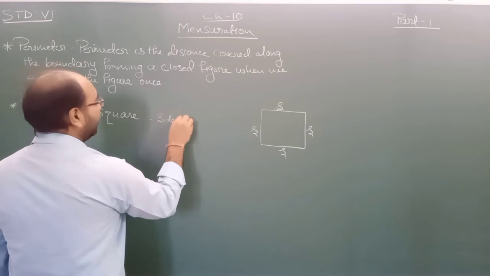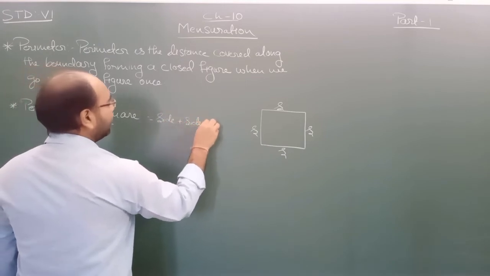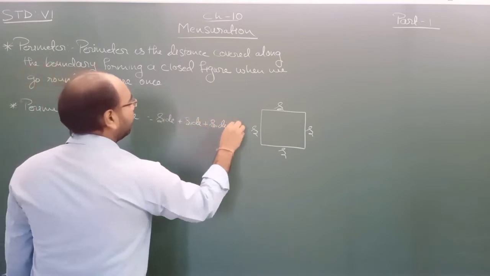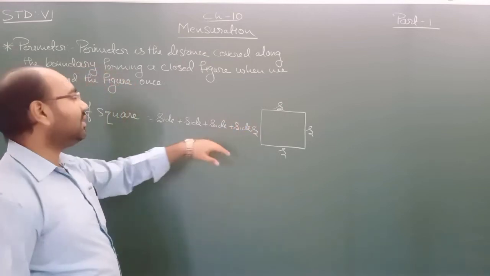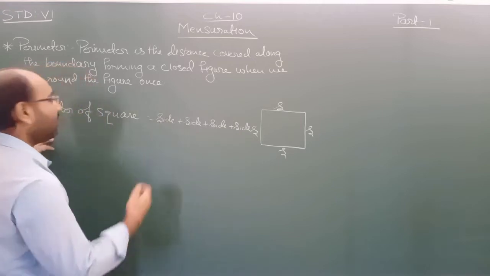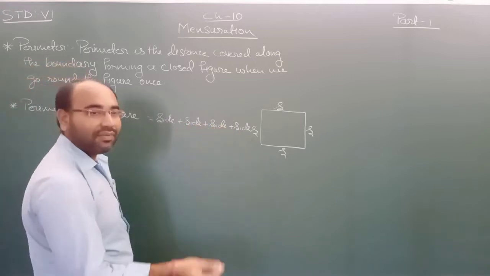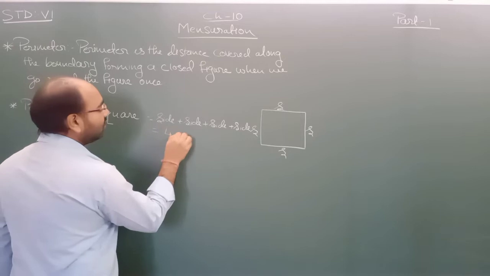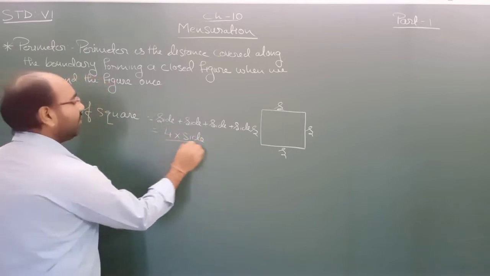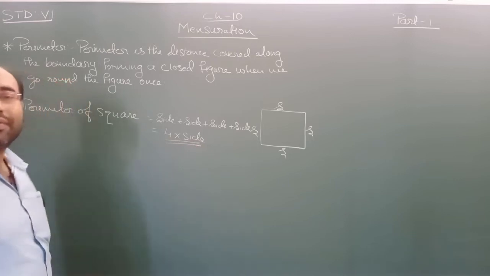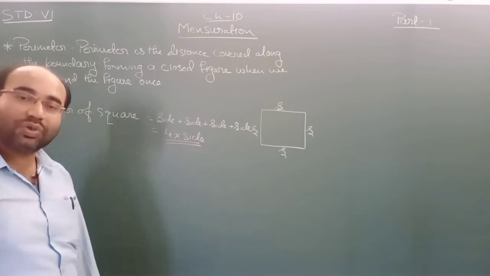So it will be side plus side plus side plus side. When we add 4 sides, we get the perimeter of the square. But as the side is repeating 4 times, we can write it as 4 into side. So this will be the formula which we will use when we find out the perimeter of a square.